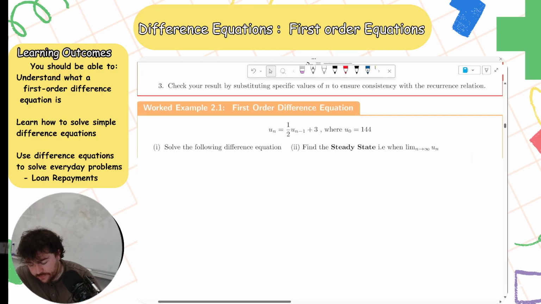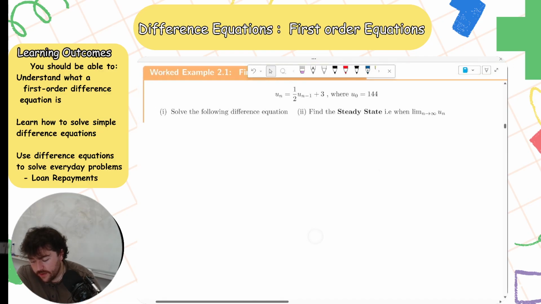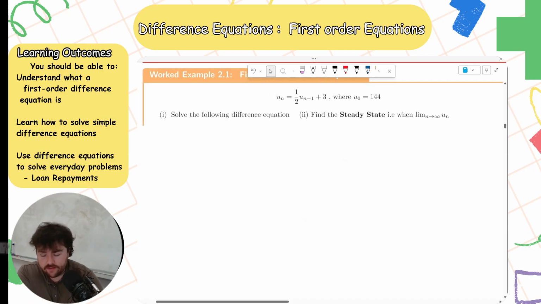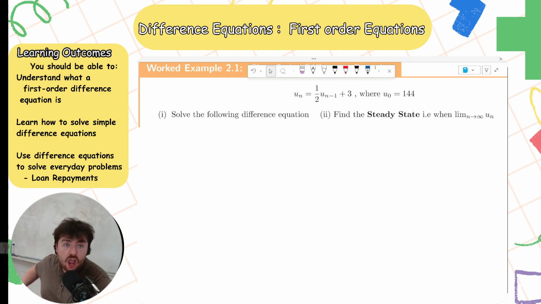So let's have a look here. Solve the following difference equation. So I have un equals a half un minus 1 plus 3, where u0, my initial term, is 144. So solve the difference equation.